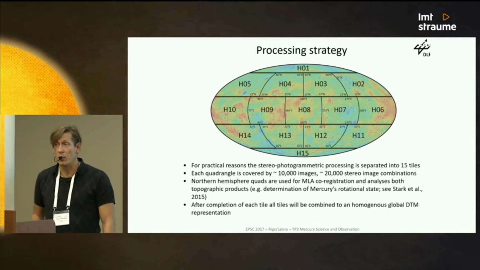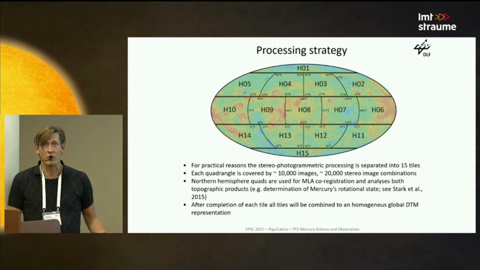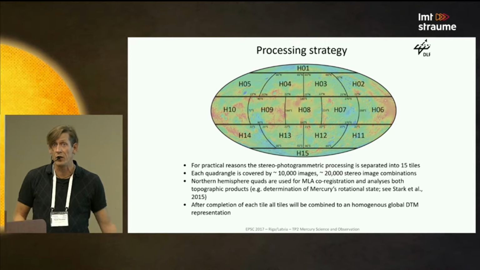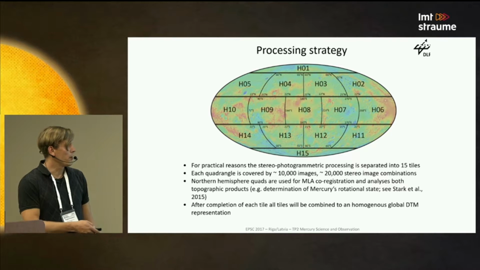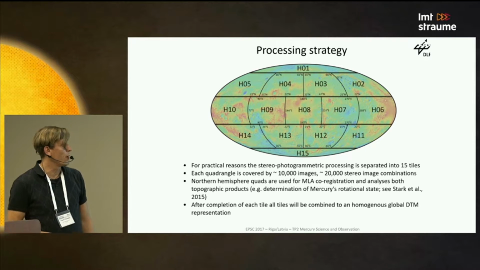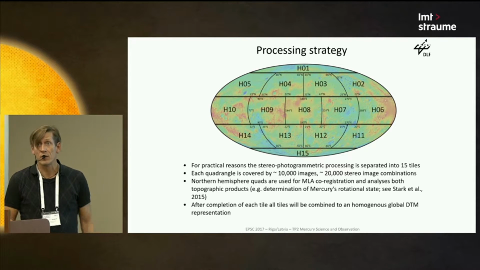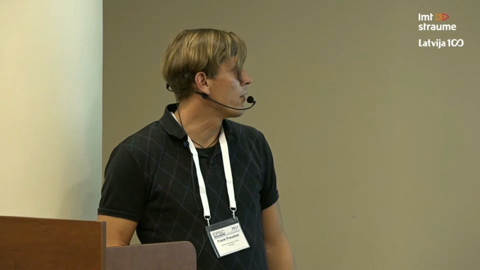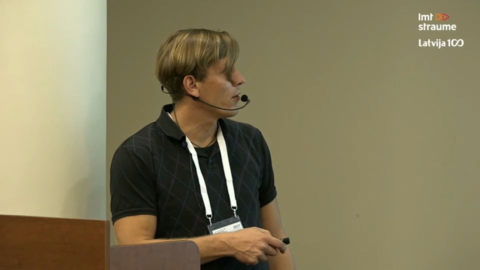The northern hemisphere quads we are using for co-registration with MLA, and we have used these for the determination of the rotational state of Mercury. There is a paper from Alexander Stark, which I recommend to read. When we complete all these quadrangles, we will combine them to a global shape.